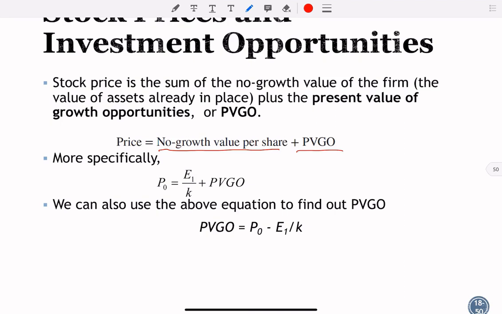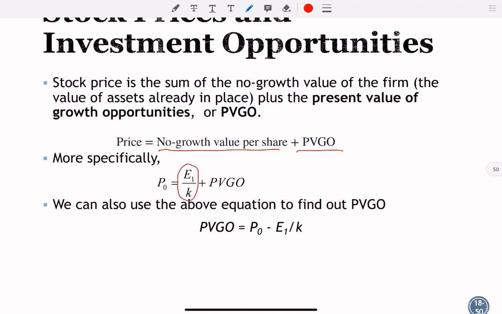And if growth is 0, it means the firm is not investing in new projects, which implies that the firm will pay out all of its earnings as dividends. So you can see that the next period dividend, D1, equals E1, which is the next period earnings. So no growth value is given by E1 divided by K.